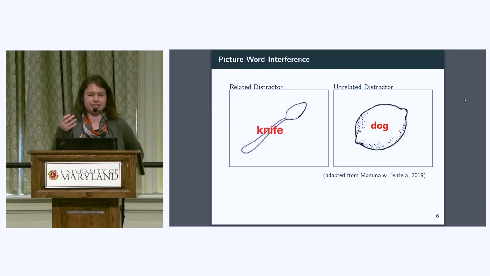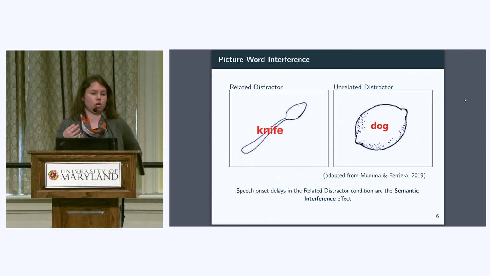If you see this image come up, specifically with the related distractor, the fact that you have knife will interfere with your ability to retrieve the word spoon, which is the one that you're supposed to be saying. And we call this a semantic interference effect, and it results in a speech onset delay. So you're going to take longer to start speaking because of this.